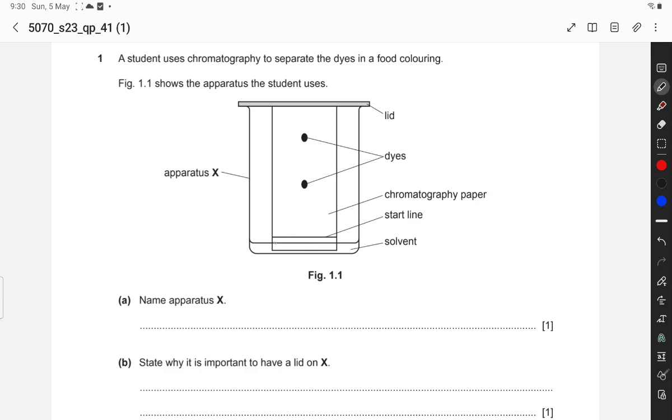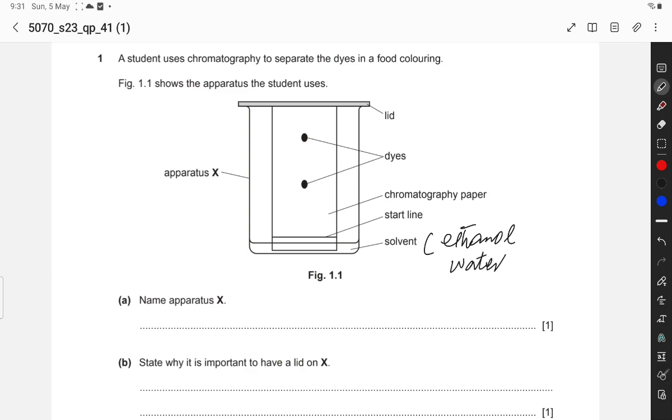So just draw the start line on which the mixture is placed, and dip it into the beaker containing solvent. There are two solvents commonly used in a chromatography experiment, that is ethanol and the other is water.